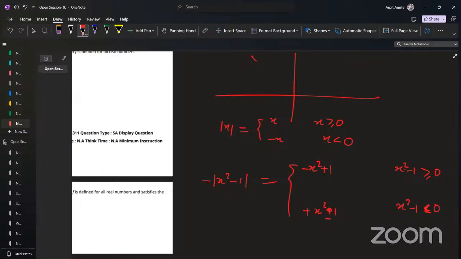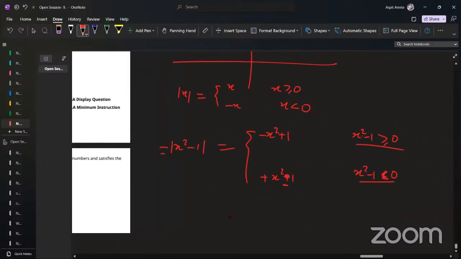Because this minus is outside the mod, we cannot make any change inside it. If it were inside the mod, then we would have to see that as well. So now this is my function.